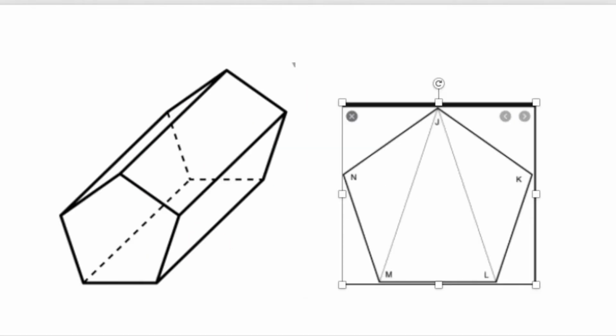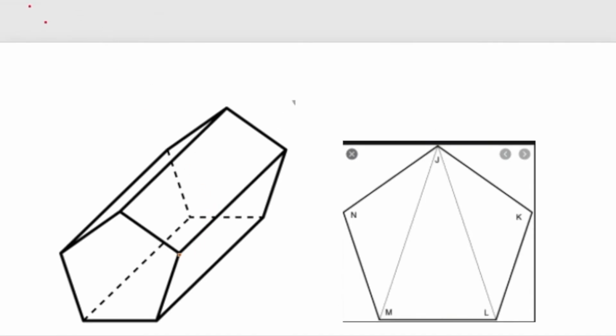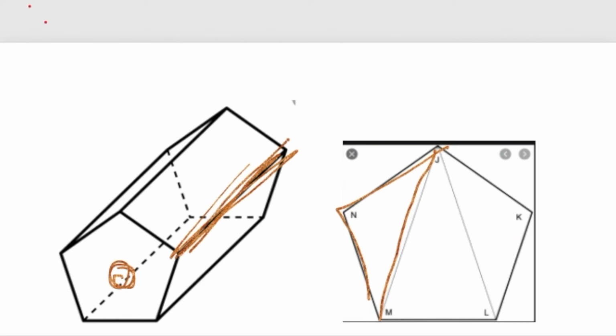So when you want to find the volume of any polygonal prism, you take the area of the base, which I'm looking at right here, and multiply that by the height. The height would be the height of the prism, so if I stood it on its base here, that would be the height of the prism. Looking here, it looks very complicated, but it's not. If you divide any abnormally shaped base into triangles, which has been done for me, find the area of each triangle, add them together, then multiply by the height.